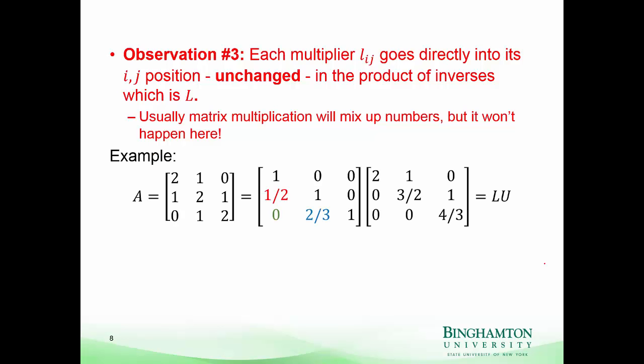So here's an example. If we figure out what the different elimination matrices are, you'll find out that the multiplier to zero this out will be a negative 1/2, and so a positive 1/2 goes right in there.